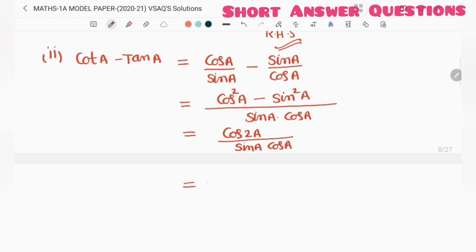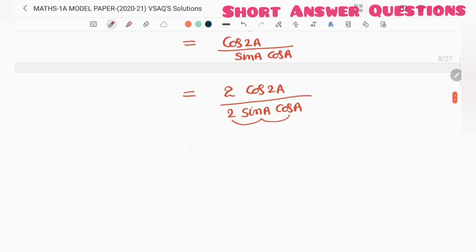Multiplying and dividing by 2 in the denominator, you will get the formula format. 2 into cos 2A divided by 2 into sin A into cos A. So 2 sin A cos A value is equal to sin 2A, which is equal to 2 into cos 2A by sin 2A, which is equal to 2 cot 2A, the required RHS.